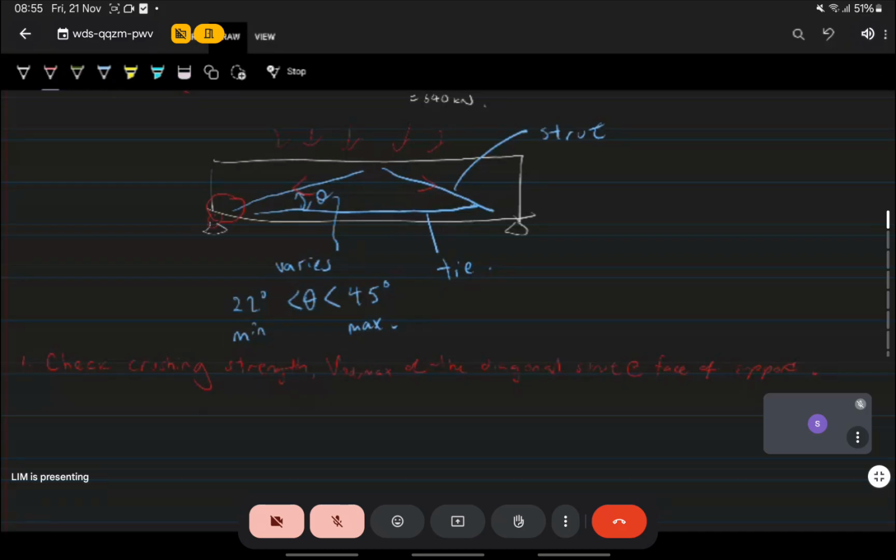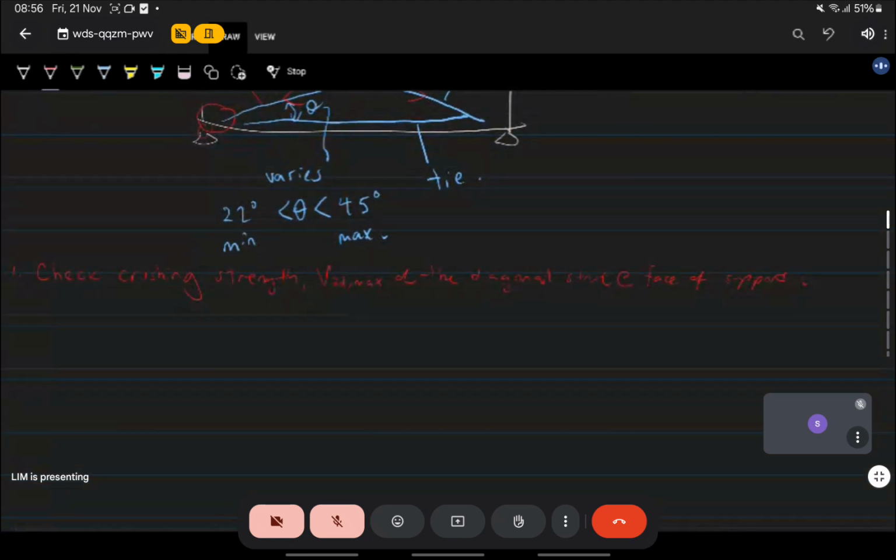To calculate the force in that strut, we need to know the angle. So we have to start somewhere. Let's assume we start with the minimum first.